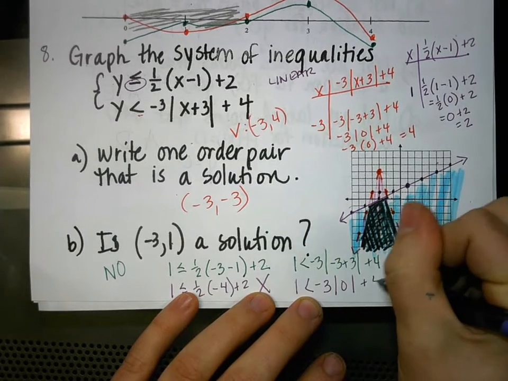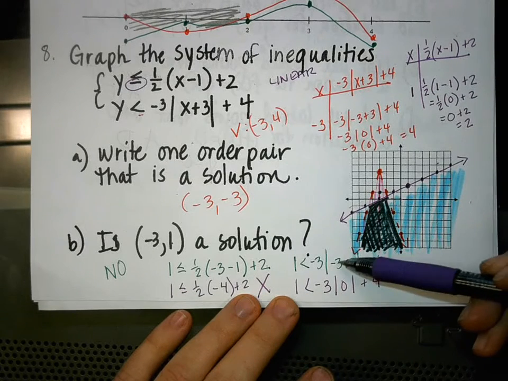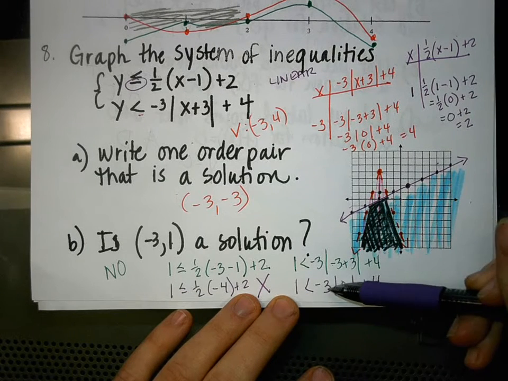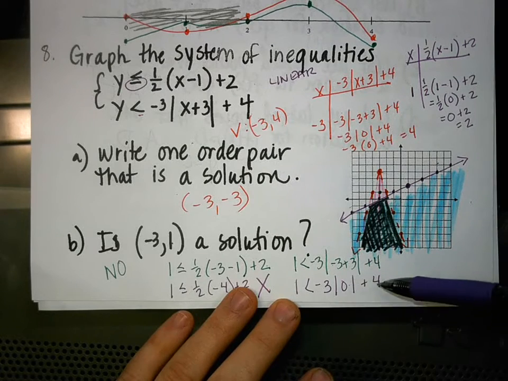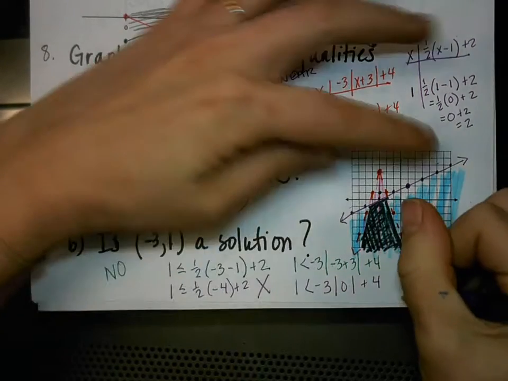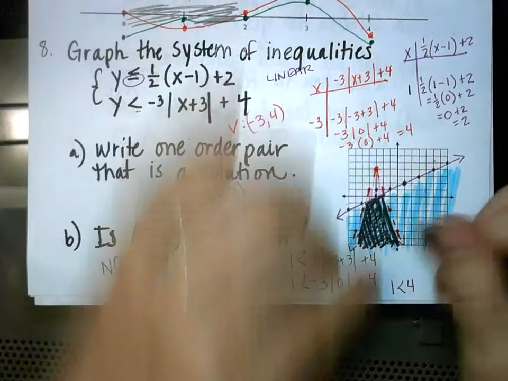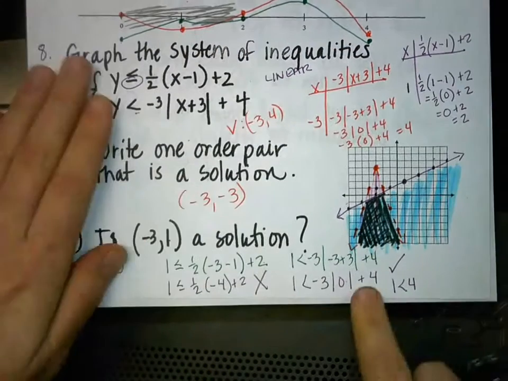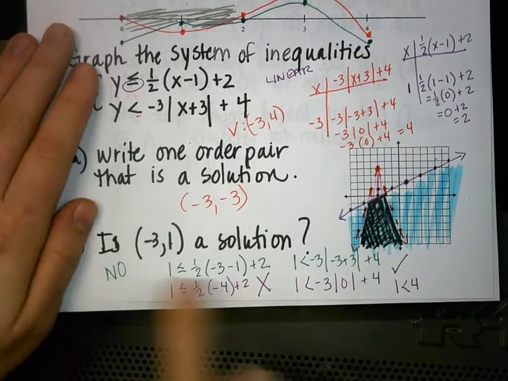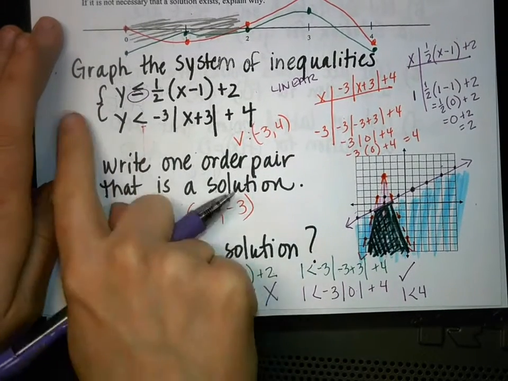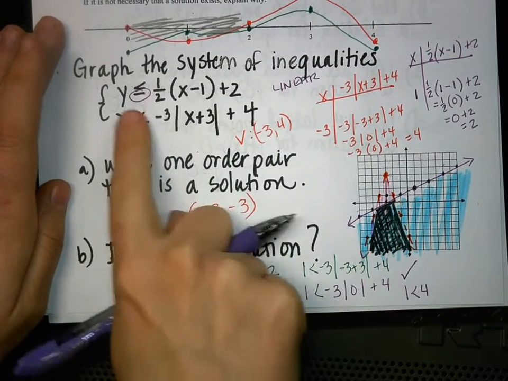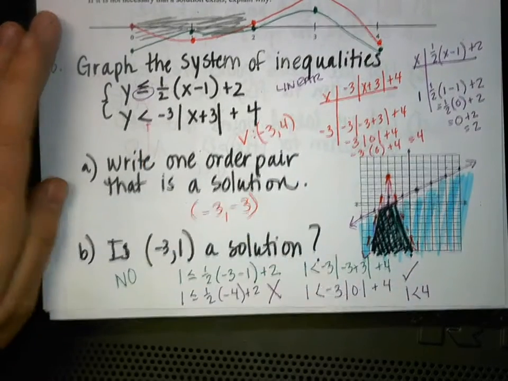Because in this case, I get -3 plus 3 is 0. -3 times the absolute value of 0 is 0. 0 plus 4 is 4. 1 is less than 4. So this part works and is true, but if it doesn't work for both of them, it's not a solution to the system. Systems mean each point is a solution to both functions.